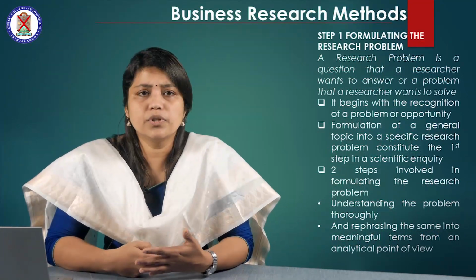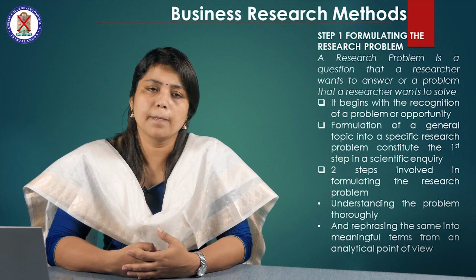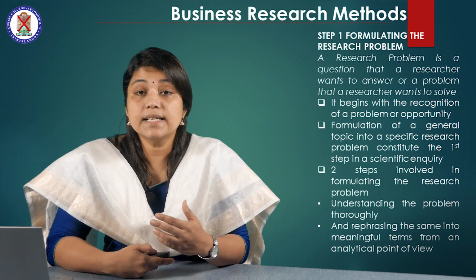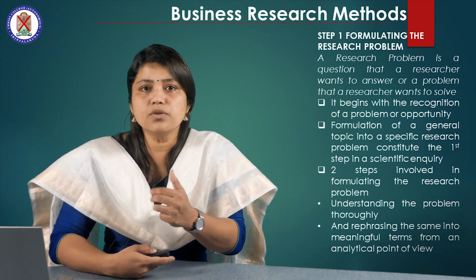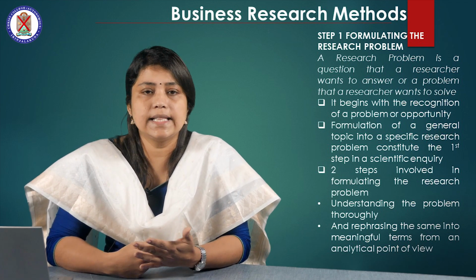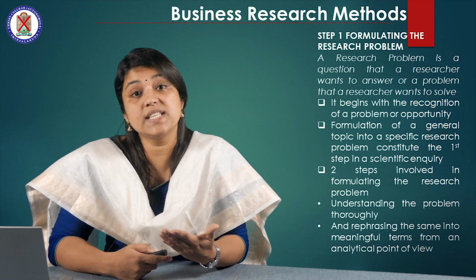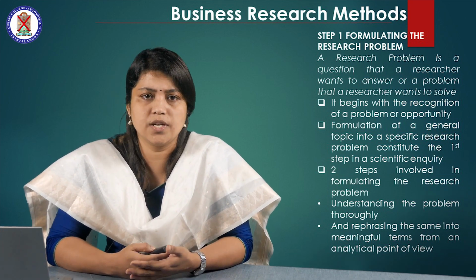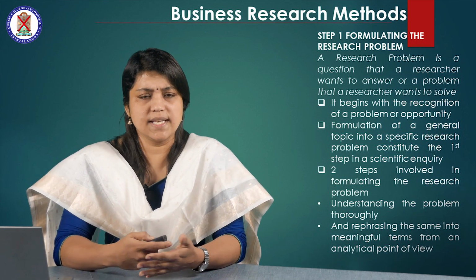So let's talk about the first step, that is formulating the research problem. A research problem is a question that the researcher wants to answer or a problem that the researcher wants to solve. Or we can say that it is some difficulty which the researcher experiences in the context of either a theoretical or a practical situation, and he wants to obtain a solution for the same.